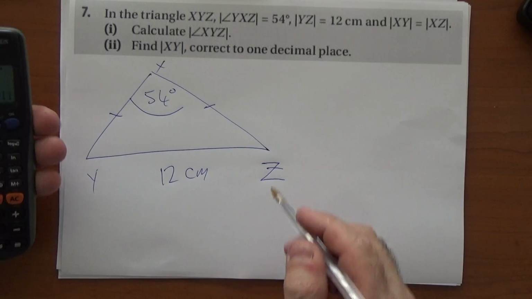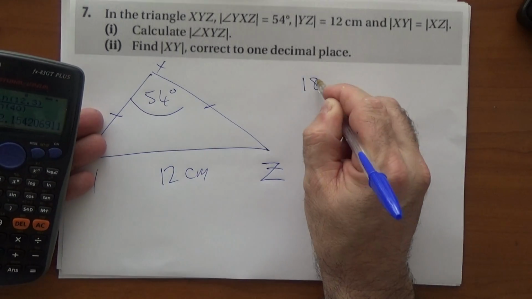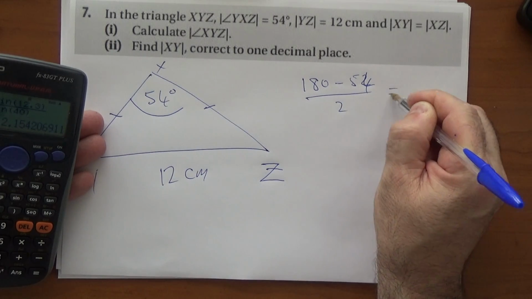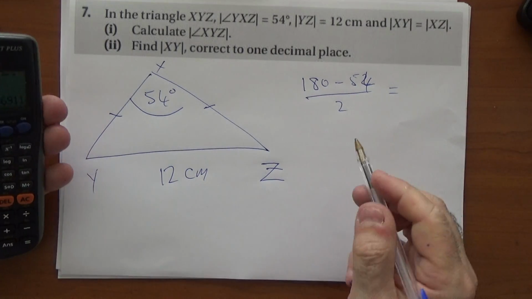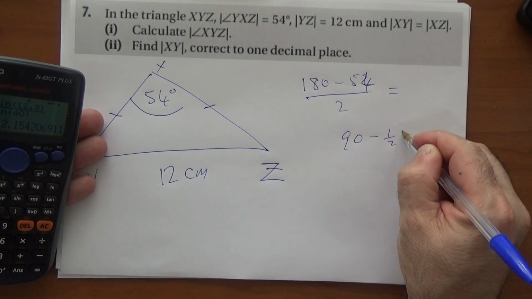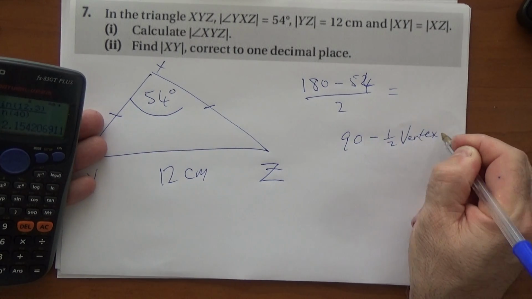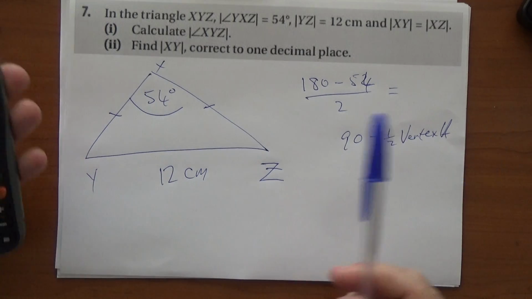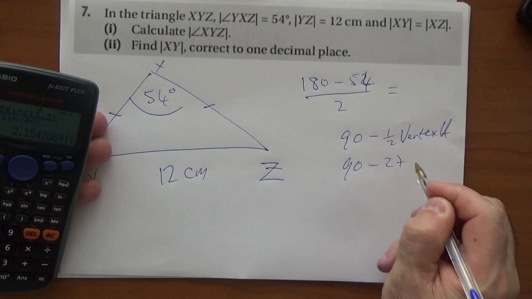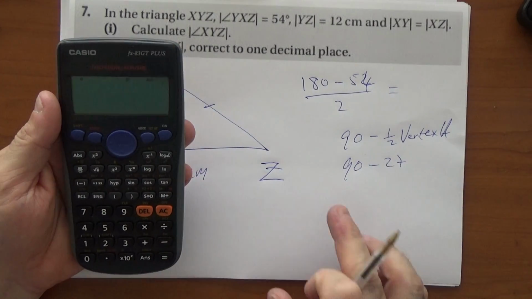It tells us, and look, you know that 180 minus 54 over 2 is equal to this angle. Another way of doing that is 90 minus half the vertex angle. Okay, but look, who cares about mental maths? You could go 90 minus 27 if you want, but I'm not going to take a risk. Well, I am.